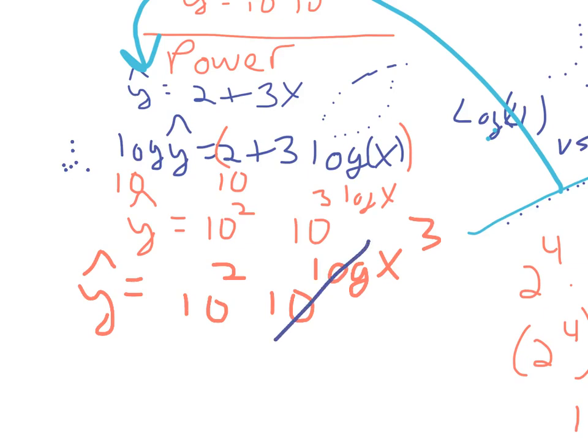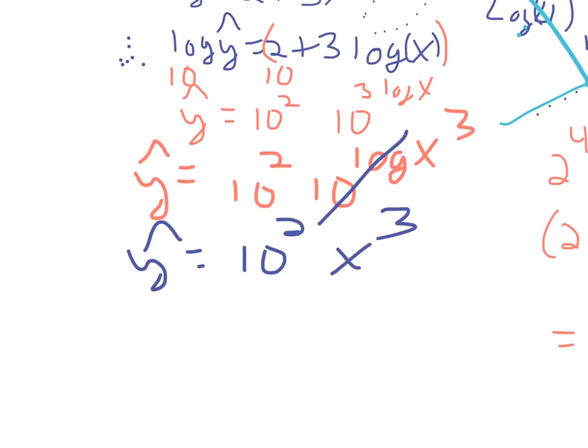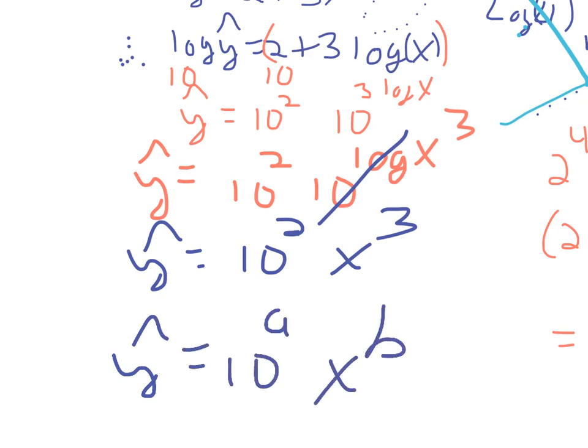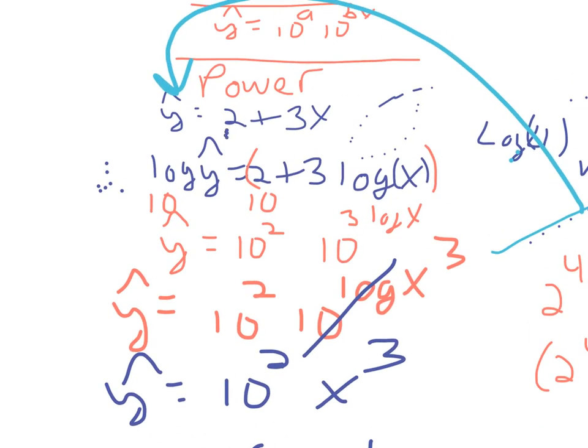Y hat equals 10 to the 2 times x to the 3rd. Wow. Which was the formula that's on the board and in those notes. When you have power, y hat is 10 to the a times x to the b. If you look carefully at what we started with, there's the a, and there's the b. It worked.